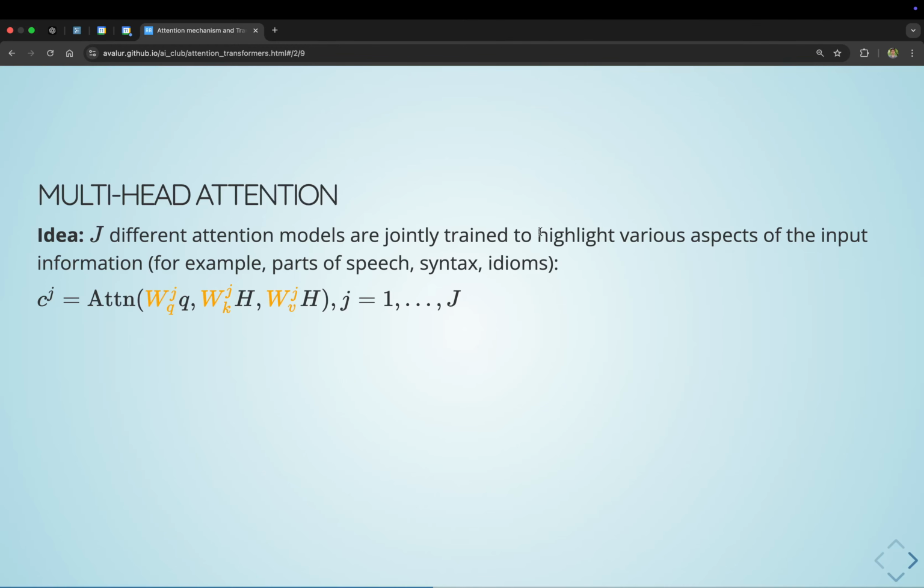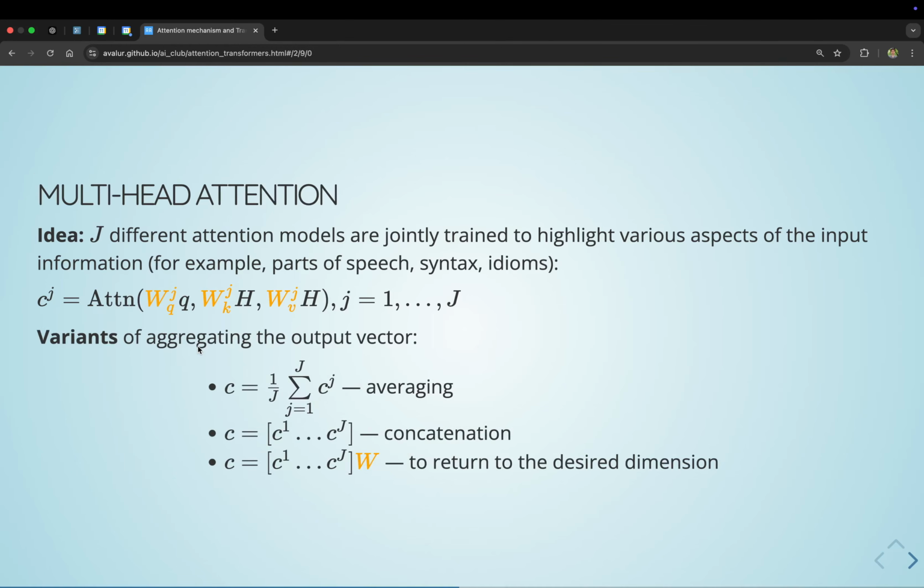For example, for text, it may be parts of speech, syntax, and so on. So different heads of attention mechanism will follow different aspects of information. And the only question is how to combine all the context vectors Cj back to one context vector. And variants of aggregating are the following.